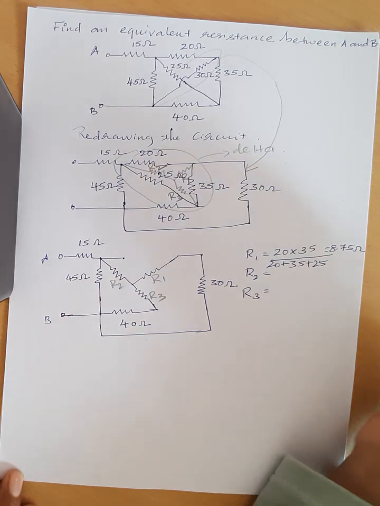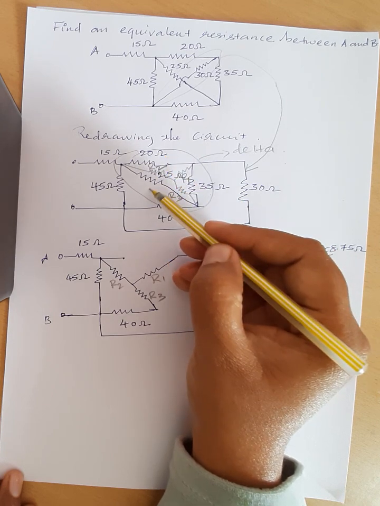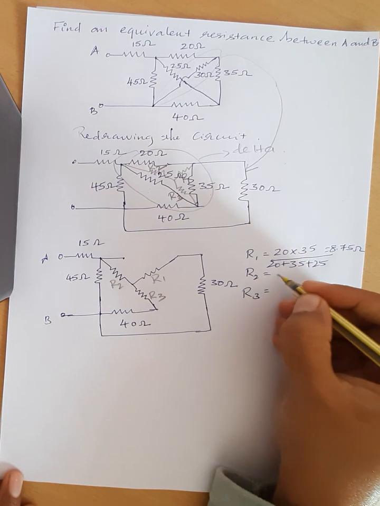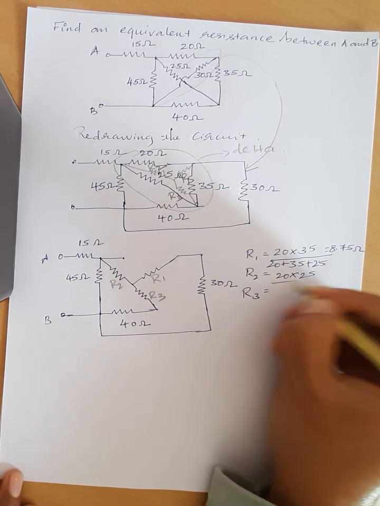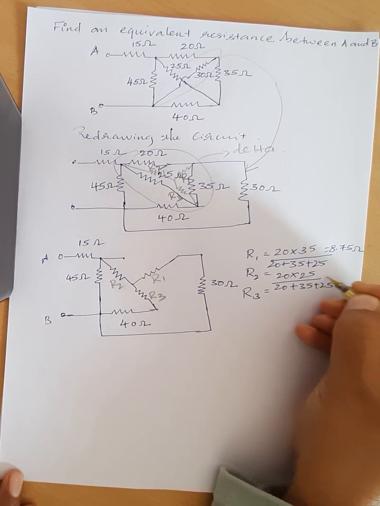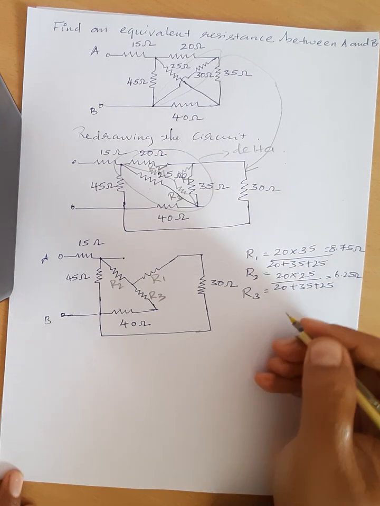Similarly, this is R2, 20 into 25 divided by 20 plus 25 plus 35. The denominator remains the same, which is equal to, you will get 6.25 ohms.